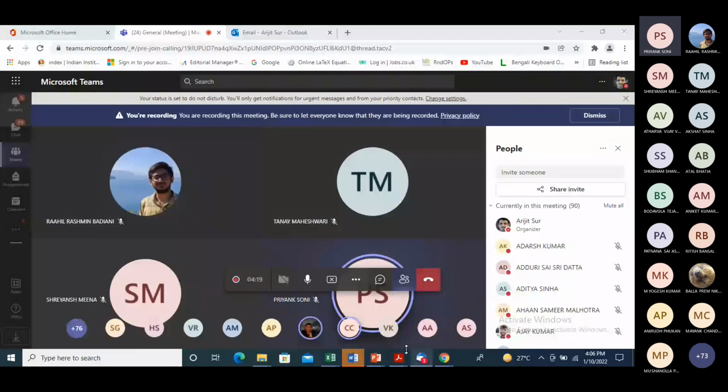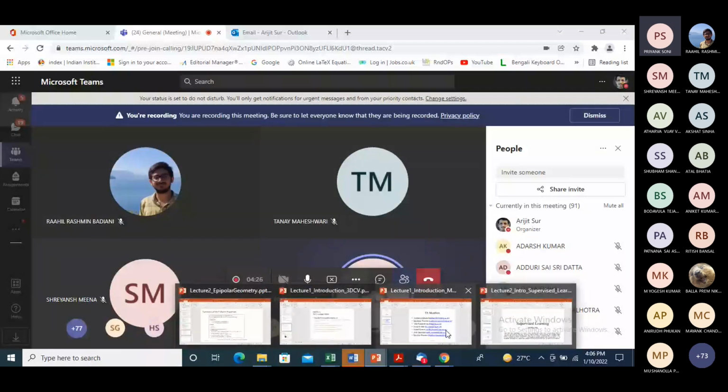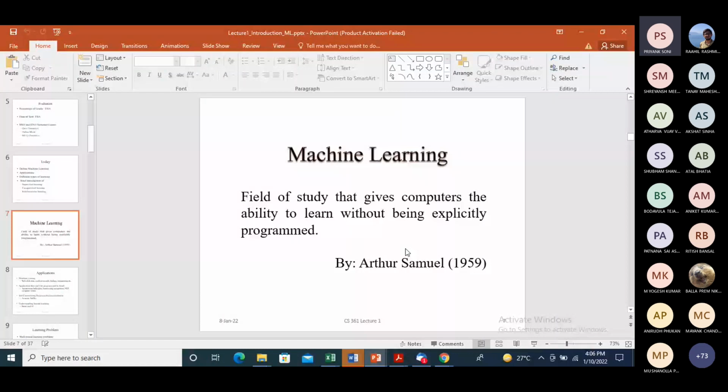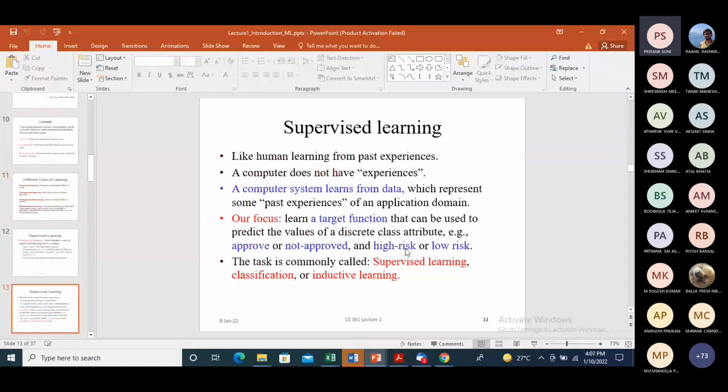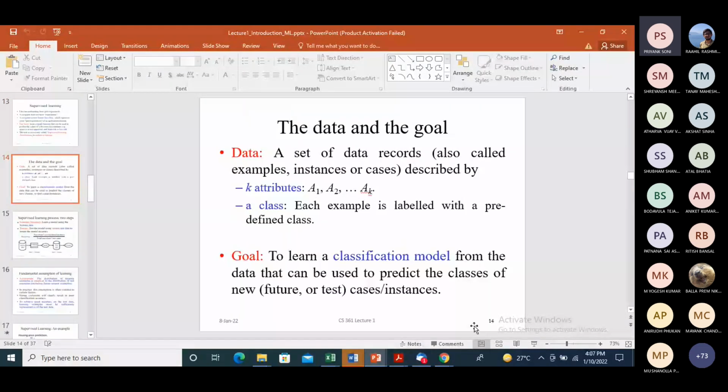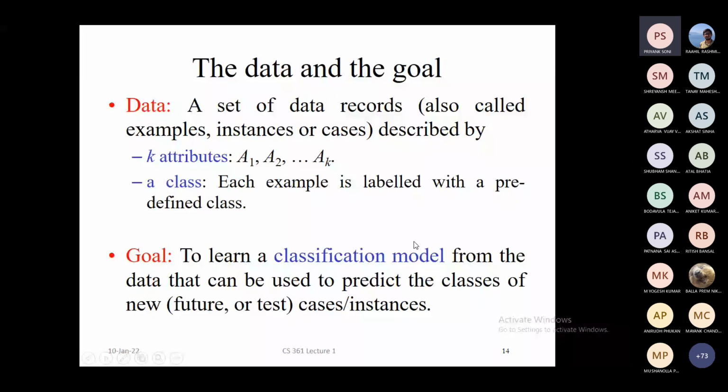And you can see our screen? Is the screen visible? Yes, sir.